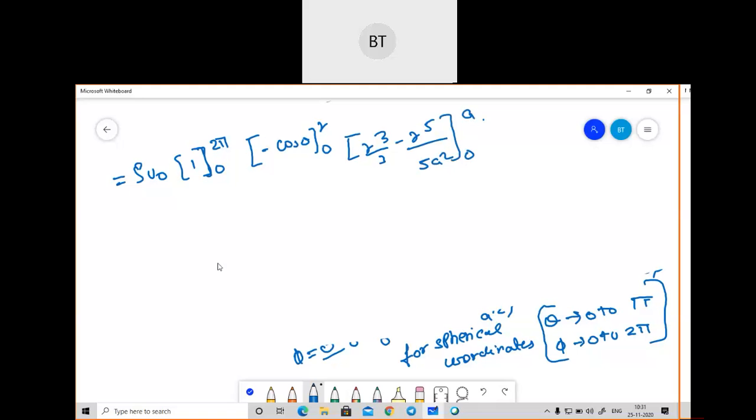I have just opened this bracket, and after this I have integrated, so I got r cube upon 3 minus r to the power 5 upon 5a square.